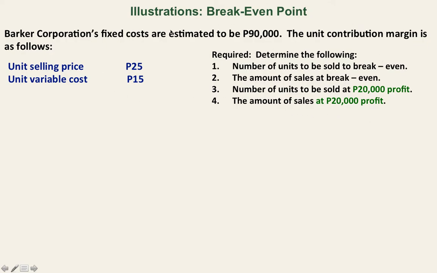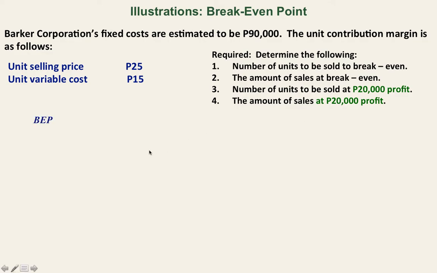If we have this kind of problem, what is important is we just have to get the unit contribution margin and proceed with the calculation based on our formula. We don't have to use the template because what is being asked is only the break even and the number of units with a profit.